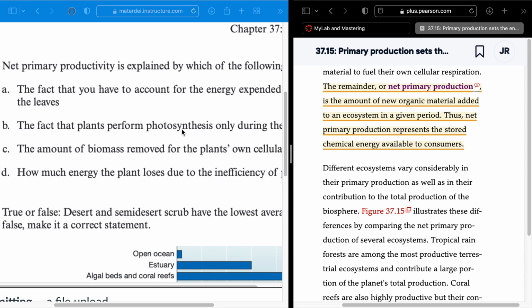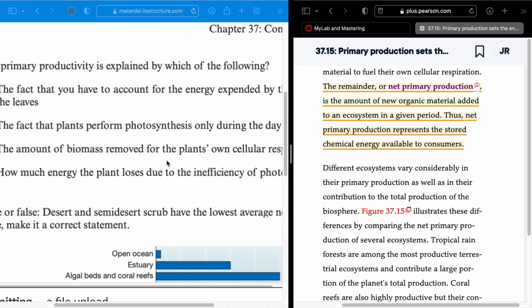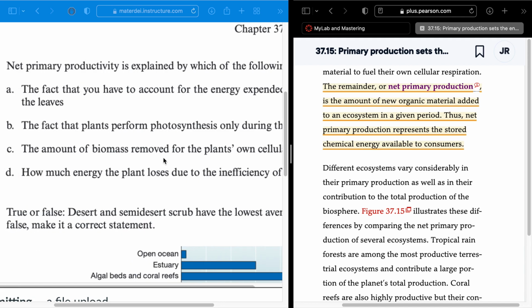A is a true statement. B is not a true statement. The amount of biomass removed for the plant's own cellular respiration. That's a true statement for net primary productivity. But if you look over here, it is the amount of new organic material added to an ecosystem after it's done everything.